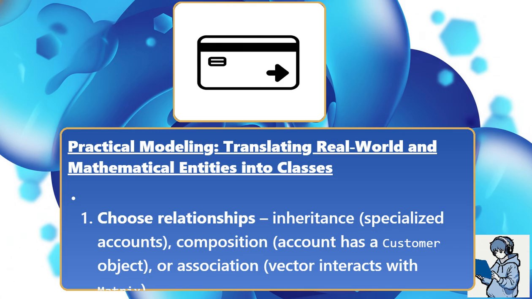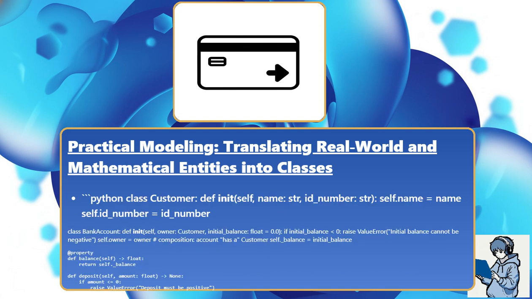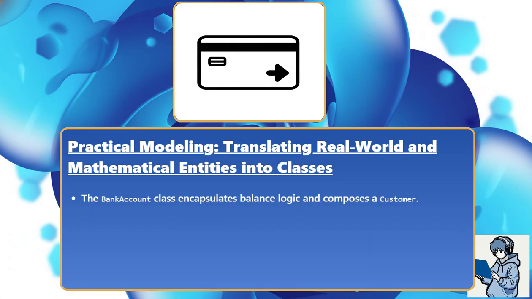Python code, defining a Customer class with name and ID number attributes, and a BankAccount class that composes a customer, validates the initial balance, provides a balance property, and defines deposit and withdraw methods with validation. The BankAccount class encapsulates balance logic and composes a customer.